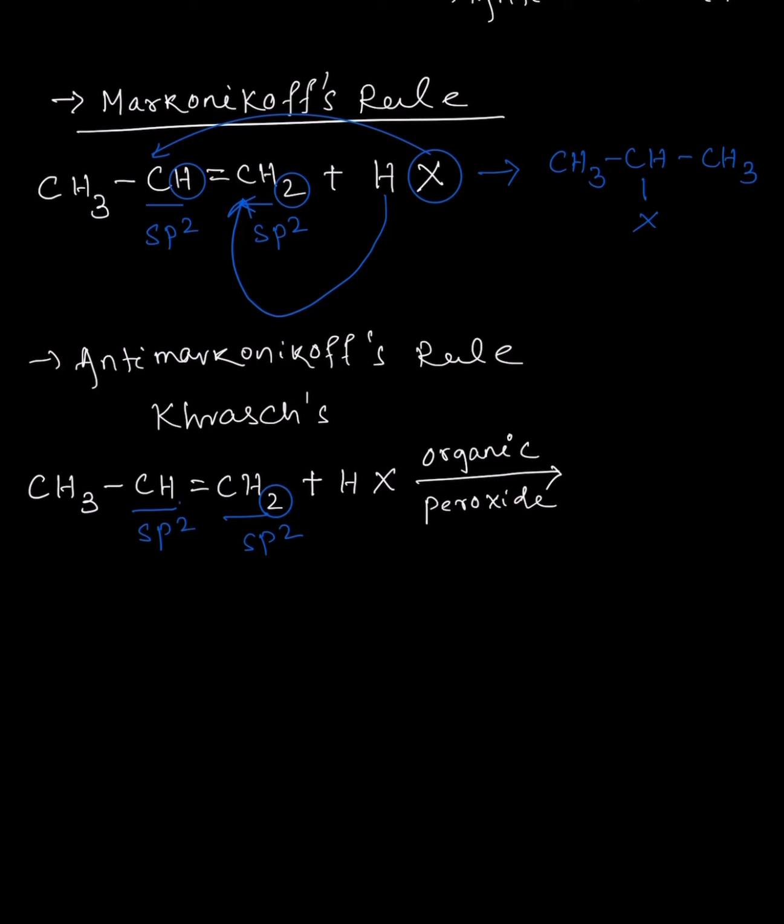So here we can see this carbon atom has two hydrogen atoms while the other one has one hydrogen atom. So halogen will attack the sp2 carbon containing two hydrogen atoms. So our product will be 1-haloalkane.